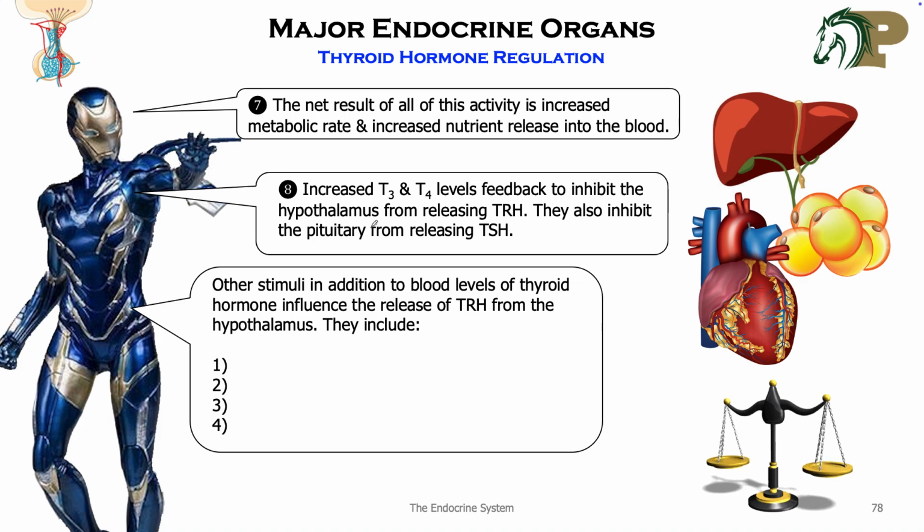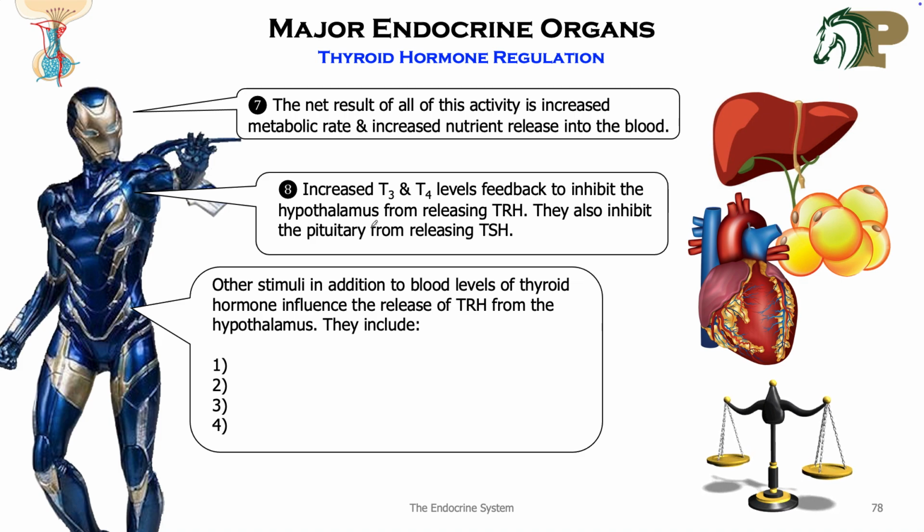Increased T3 and T4 levels feed back to inhibit the hypothalamus from releasing TRH. They also inhibit the pituitary from releasing TSH. So that's what I was talking about before with the negative feedback.